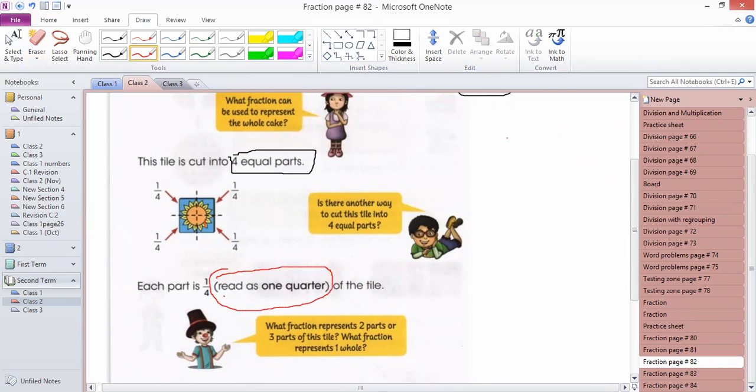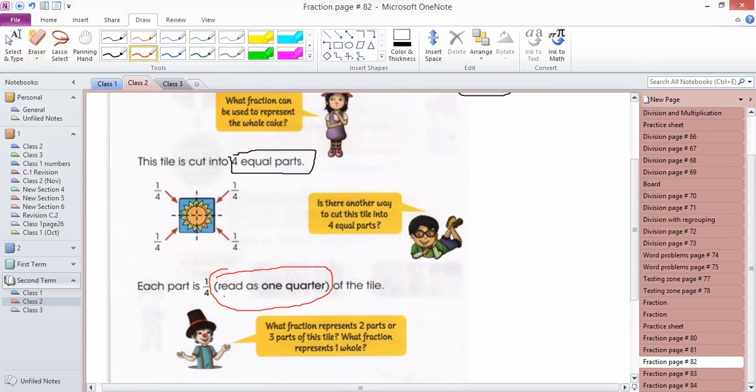Whenever anything is divided into 4 equal parts, it will be a quarter. For 4 equal parts, you will always use quarter. Clear, boys? Yes, sir.